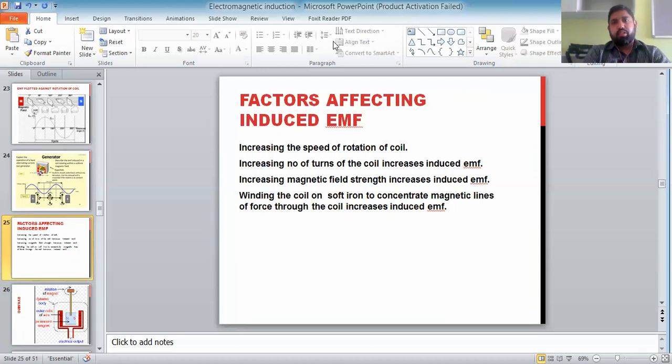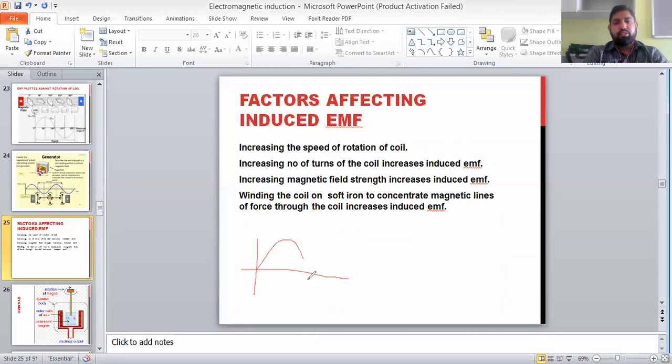Let me draw a graph here. For example, you have this graph given to you, and this is the waveform provided. I guess I didn't mention that this graph can be plotted for EMF against rotation angle.